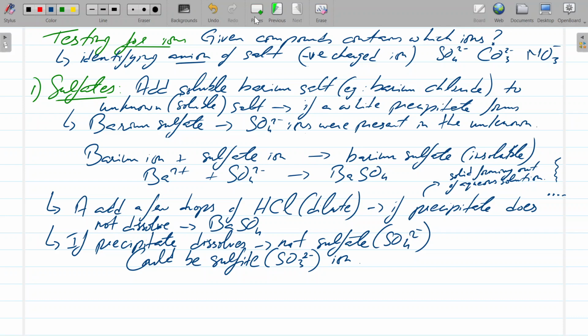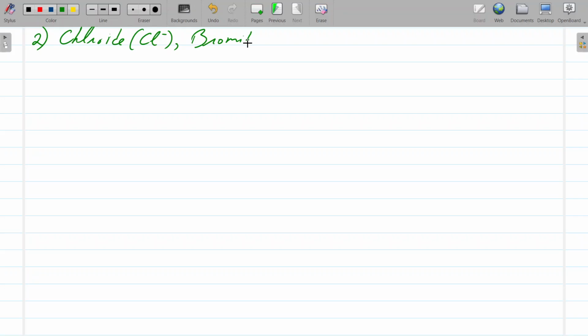Okay. Next up is testing for chloride, that's Cl-, bromide, which is Br-, and iodide, which is I-.